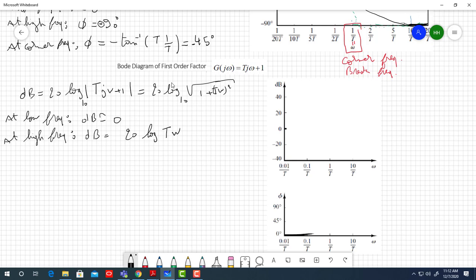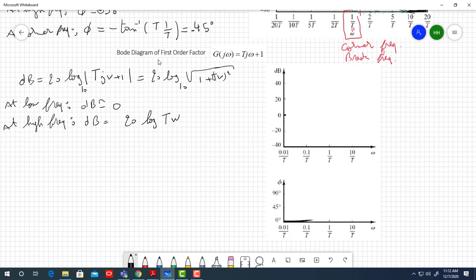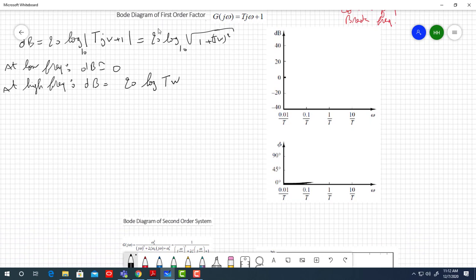And as we always do, take the case when omega equals 1 over t. At low frequency, I have an asymptote at 0. At high frequency, I have another asymptote, approximately 20 log t omega.